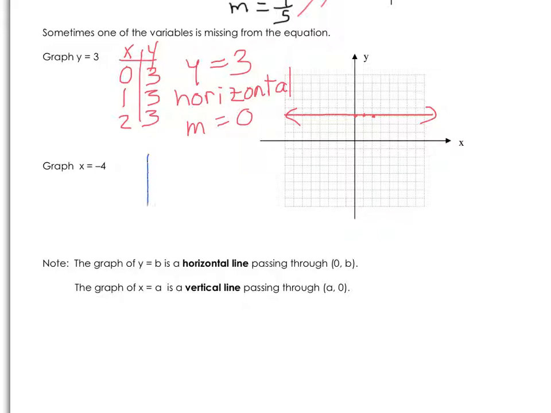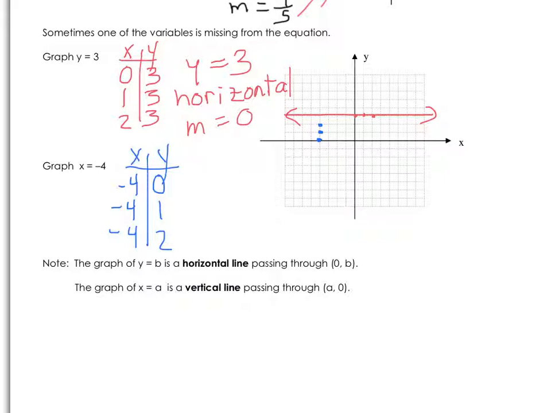Graph x equals negative 4. That means, using our first method of just any 3 points to graph, x is negative 4 always. It does not matter what y is. It could be 0, 1, or 2. It doesn't matter. Negative 4, 0, negative 4, 1, negative 4, 2.